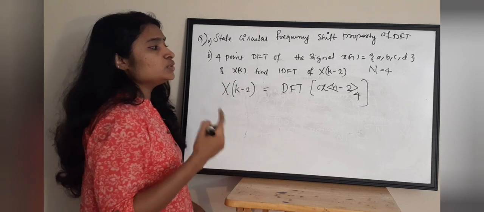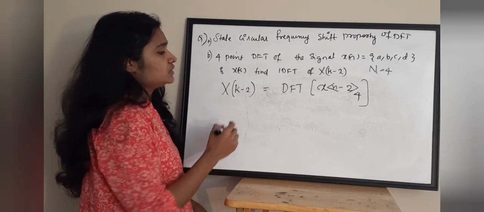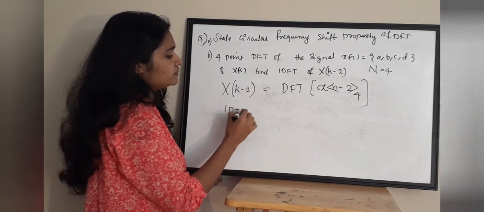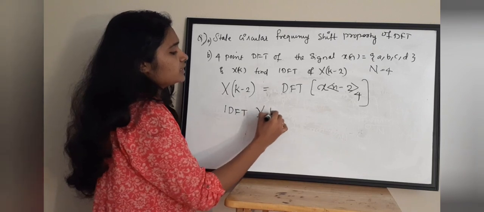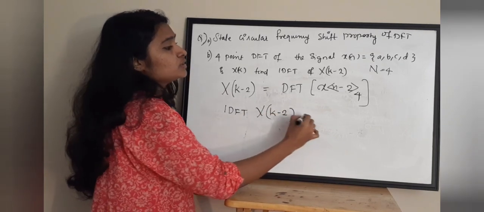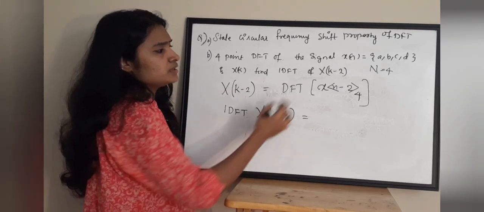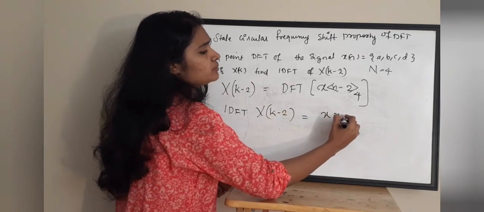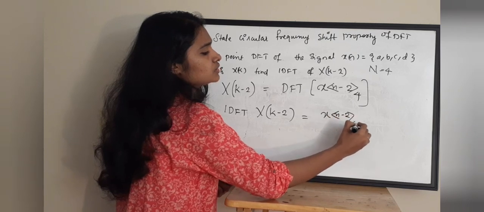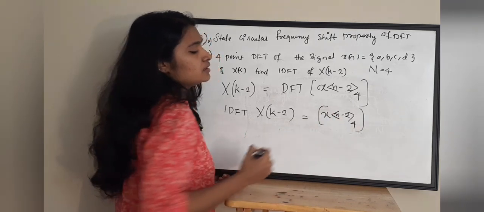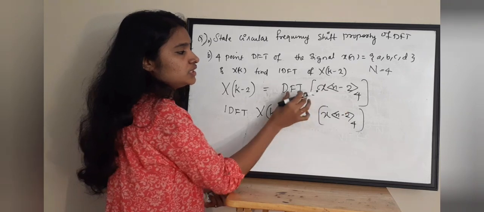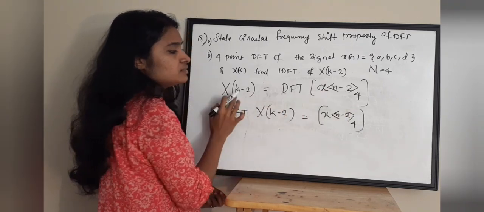So the IDFT of X of k minus 2 will be x of n minus 2. That is, if you take the DFT of this sequence, you will get this.